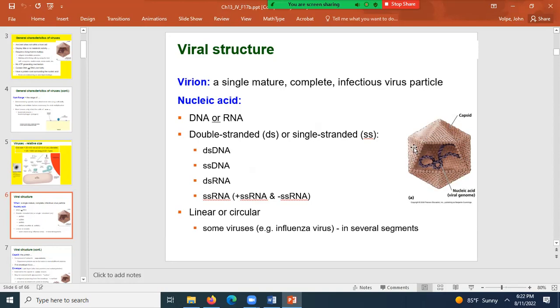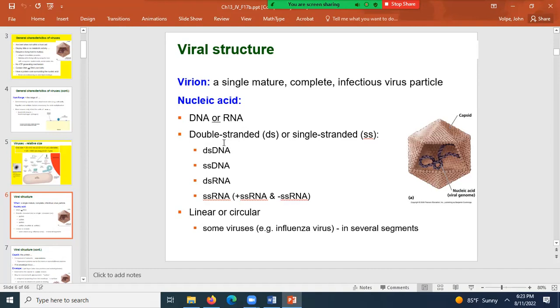Some viruses, in addition to that, have an envelope around the protein coat. For viral genomes, the genome is either DNA or RNA, but it is never both.